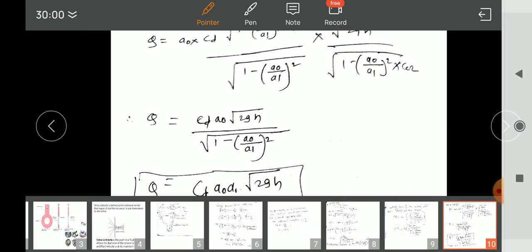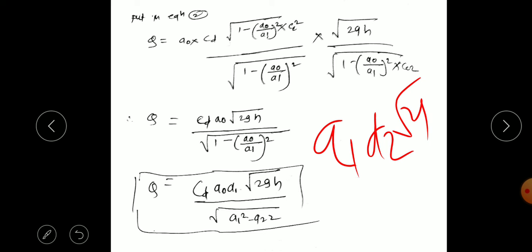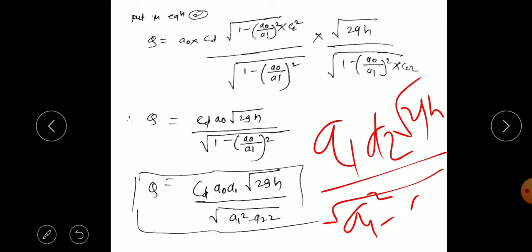So this formula is again similar to the venturimeter. Here the only difference is that the area of the orifice meter is taken. So in venturimeter we know the formula is A1 A2 under root of 2gh, the same formula, upon under root of A1 square minus A2 square.